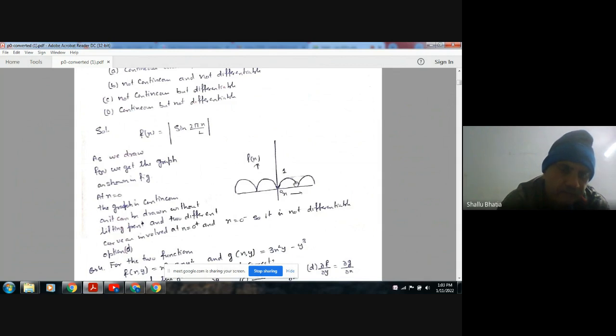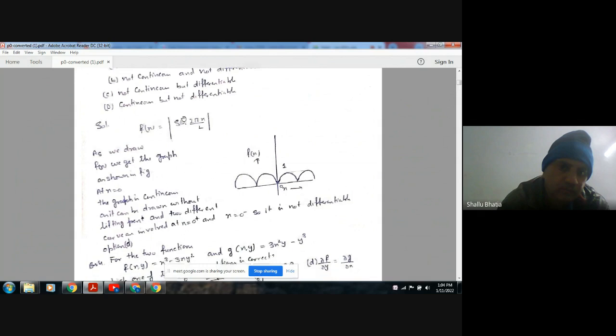So the function is not differentiable at x equals 0. When the curve can be drawn without lifting a pen, it is continuous, and when the curve changes its nature at a point, the function is not differentiable there. So the answer: it is continuous but not differentiable. So answer is B. Next.